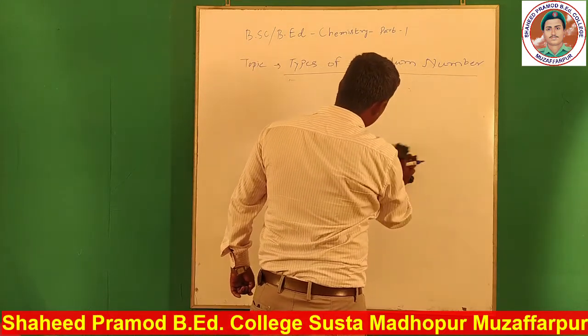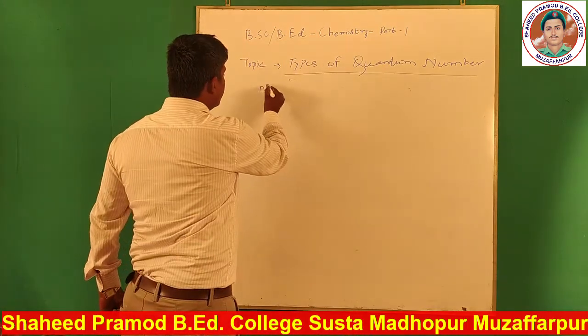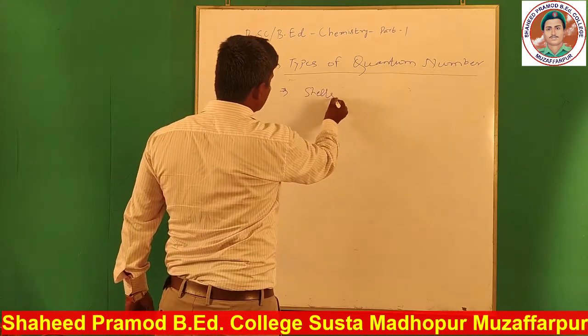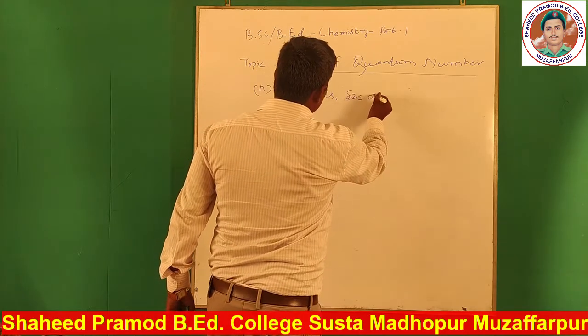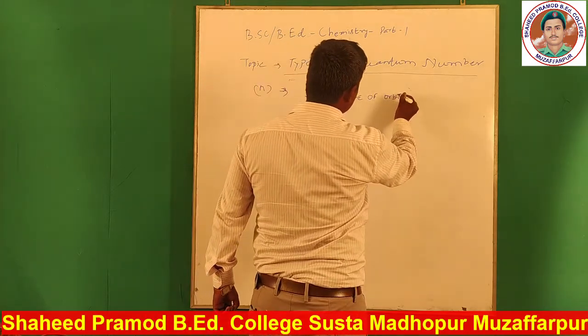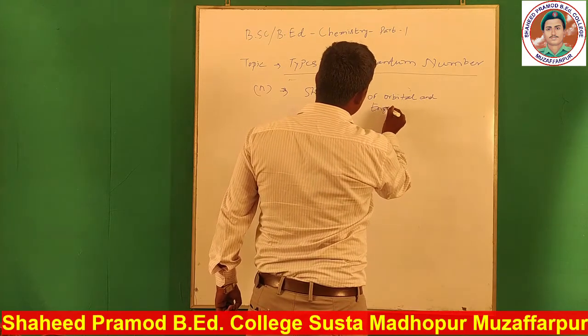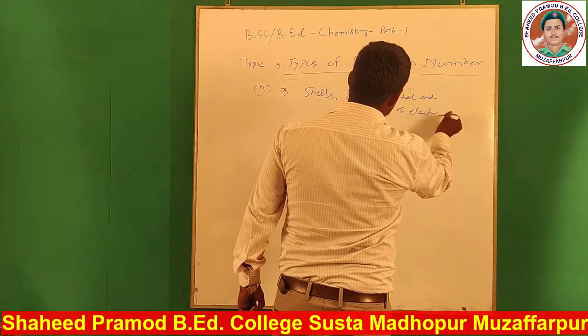The principal quantum number, denoted by n, gives the information about shells, the size of the orbital, and the energy of an electron in a particular orbital.